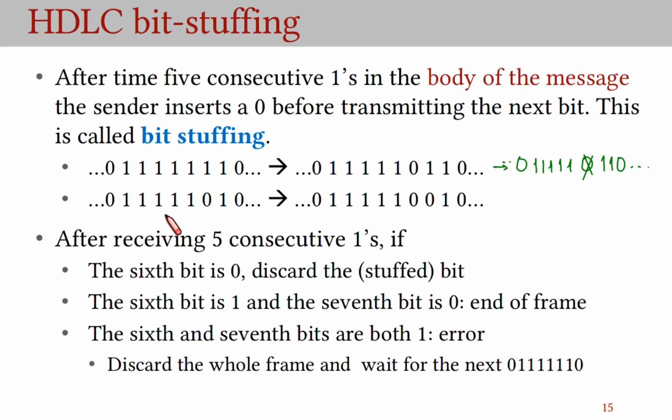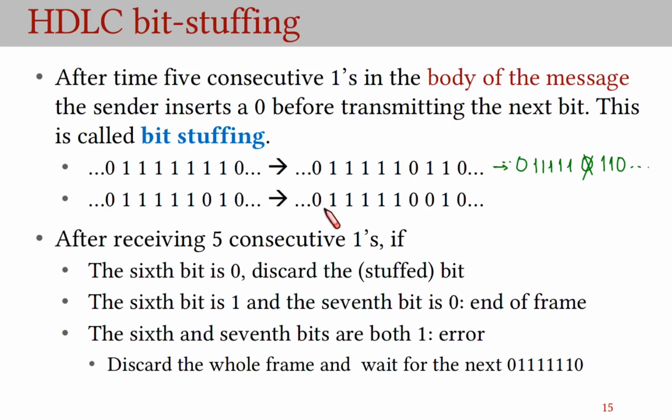There's another example. So it may be that there actually is a 0 after 5 ones in the message body. However, because of this rule that the receiver will always discard this 6th bit if it is 0, counting that as a stuffed bit, the sender must insert an extra 0 over here.